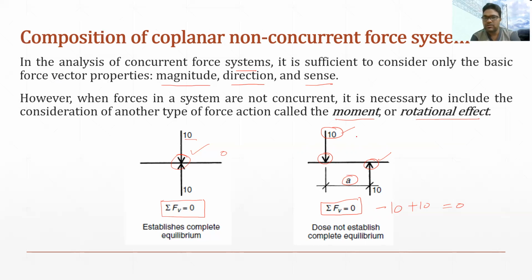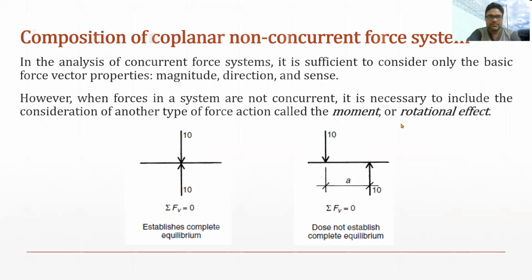But this system is not in equilibrium, while the previous system is in equilibrium because there will be no movement. In the second case, there will be a movement in terms of rotation. These two forces will try to rotate this body like this. So there is another effect of force, the rotational effect, and this rotational effect is known as the moment. So now we will understand more about the moment.